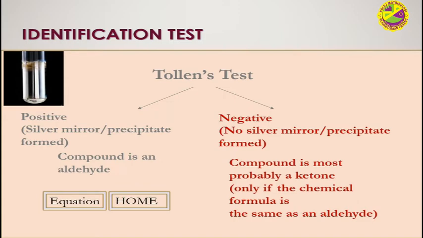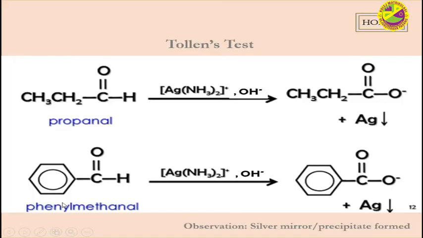The compound is most probably a ketone, only if the chemical formula is the same as an aldehyde. So, this test is used to differentiate between an aldehyde and a ketone.